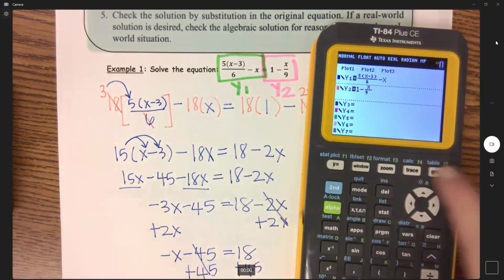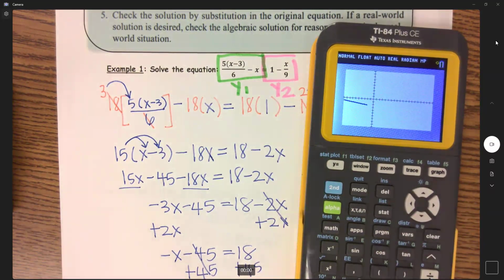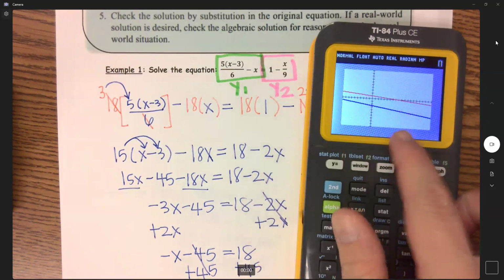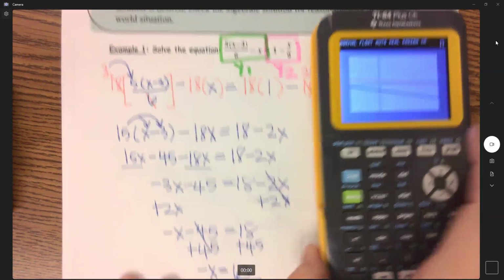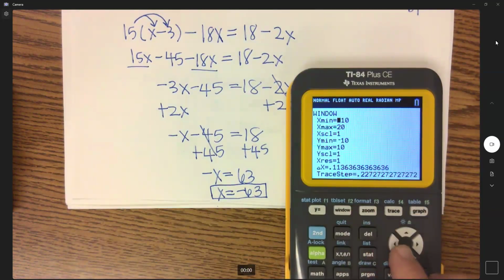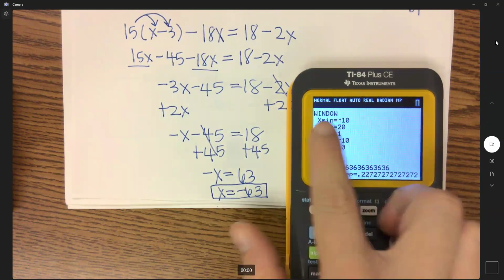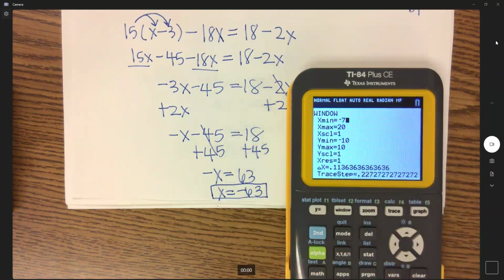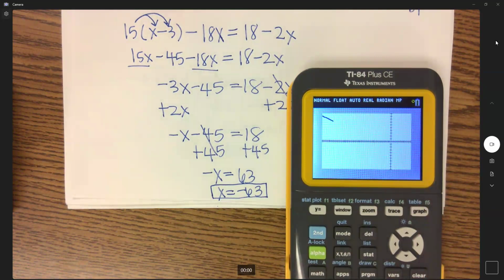Okay, and if I just happen to hit graph, I'm not going to get that intersection point. With this one, we knew what the solution was. It was -63. And so I just want to reiterate again, we need that intersection. So if I can't see that intersection, I need to move this some way. And because we're checking, we know it's -63. I'm going to go into this window here and then change my y min to maybe a -70. And we should hopefully see our intersection.